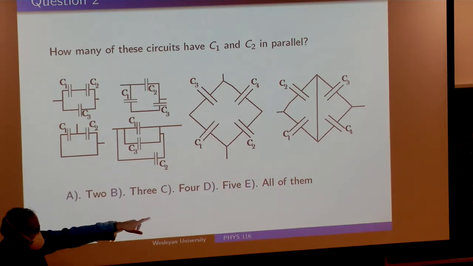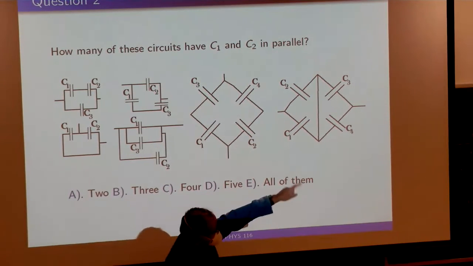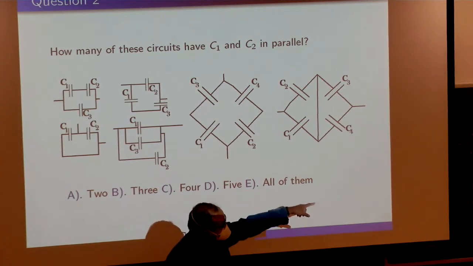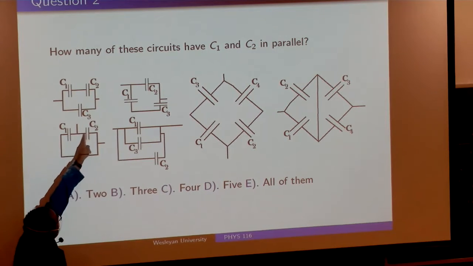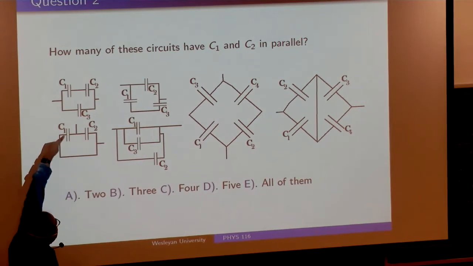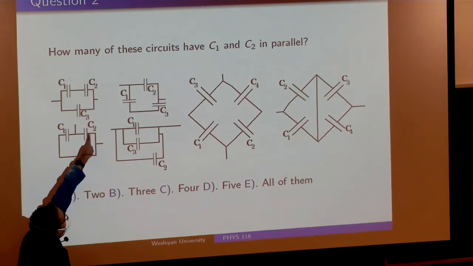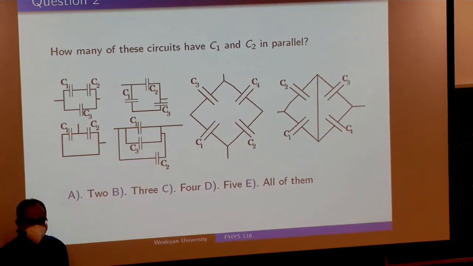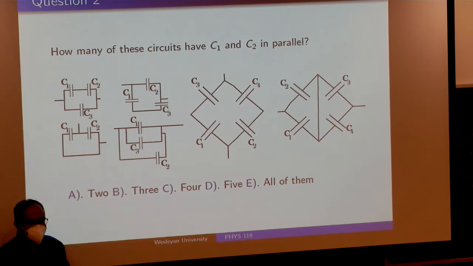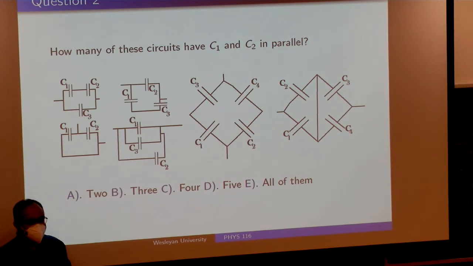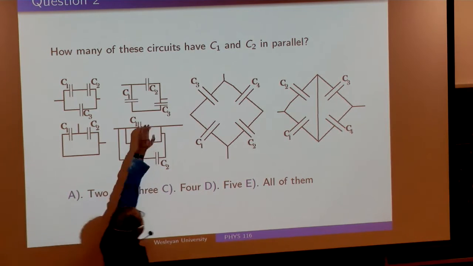Remember the criteria we came up with was that you have to go from positive to positive and see only wire, and negative to negative and see only wire. So here, yes, the positives are both connected, and then the negatives are both connected. Questions about this? No, still okay.